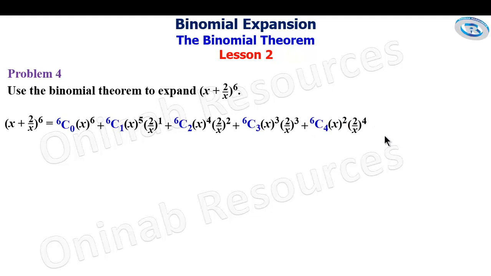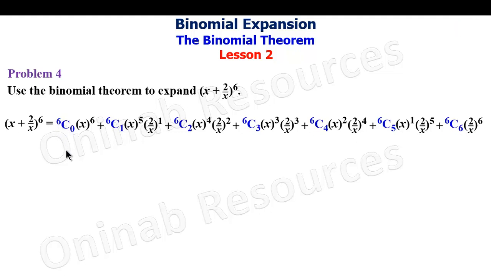Then the next one is 6 combination 5, x raised to power 1, 6 minus 5, then 2 over x raised to power 5.